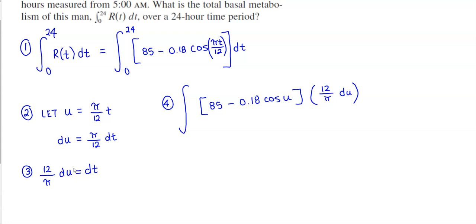And then we also need to rewrite our upper and lower bounds. So we know that u is equal to pi over 12 times 24, because that's what that bound is. And then we have u equal to pi over 12 times 0.